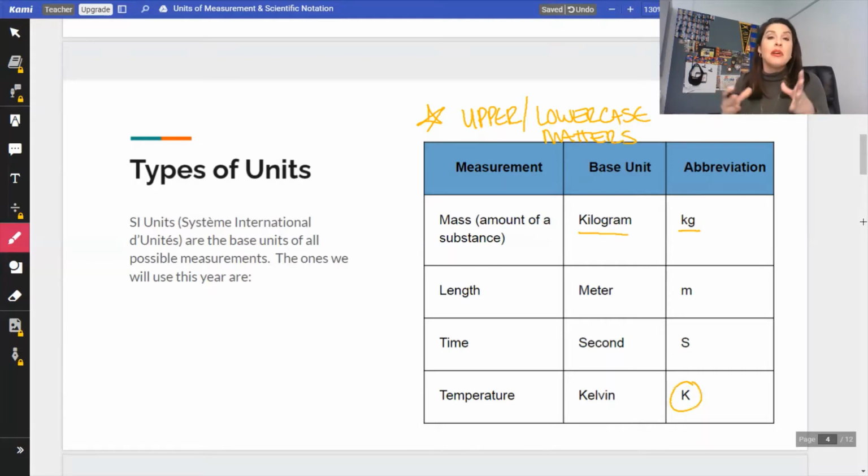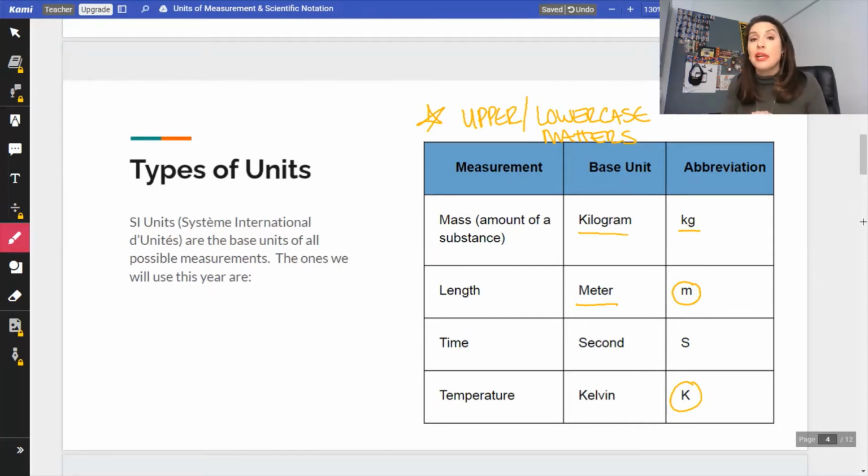So mass is base unit is kilogram, abbreviation is lowercase k, lowercase g. Length is measured by the base unit of meters, which is identified by the abbreviation lowercase m. Again, the case matters here if you're upper or lowercase. Time, it has the base unit of seconds, and temperature has the base unit of Kelvin.